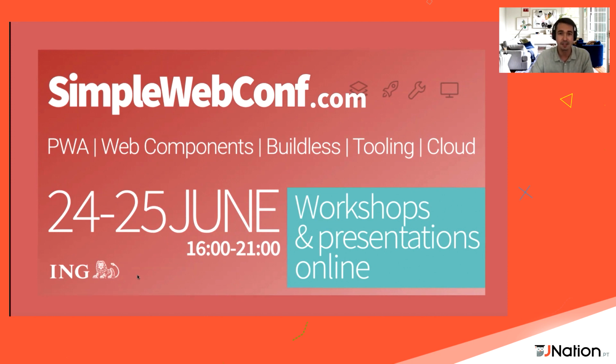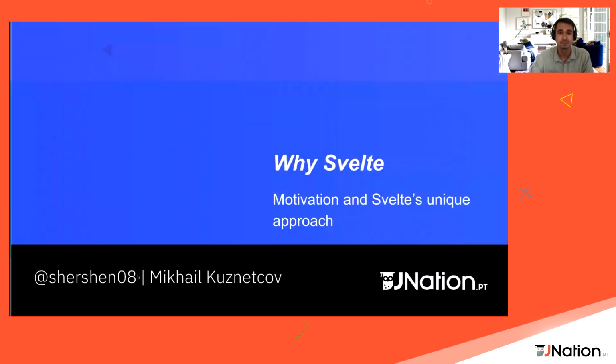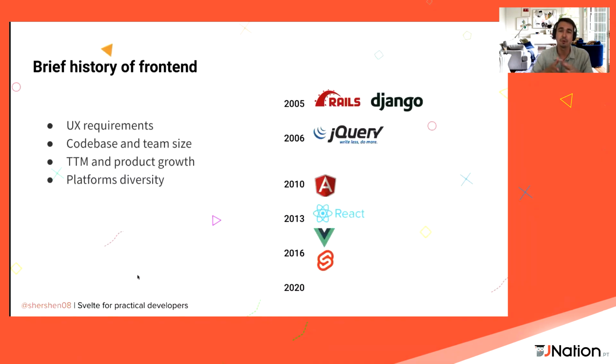Okay, then let's dive into Svelte. So the basics. Before explaining what Svelte is, let me give you a quick overview of how the frontend was evolving and why Svelte came into play and is a really interesting and efficient choice in today's world.